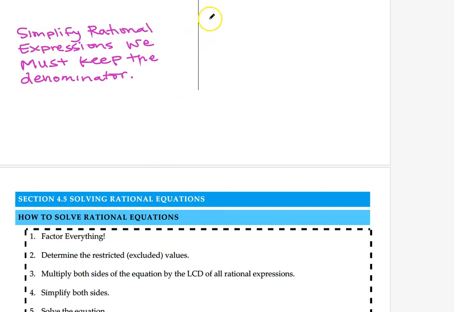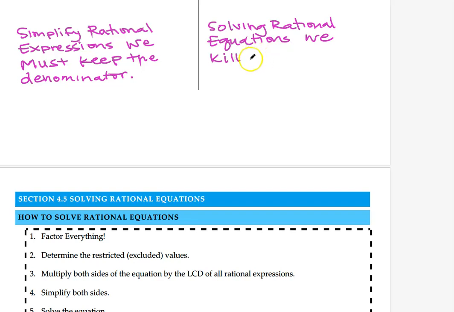And then today we're going to be solving rational equations. We are going to kill the denominator, right? Because why work with fractions if you don't have to? It's just a good rule to live by.